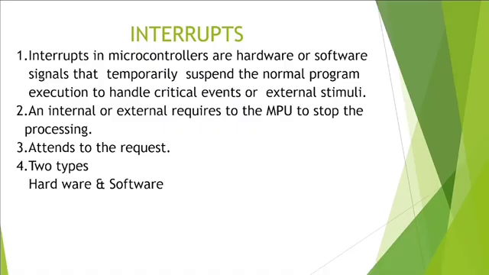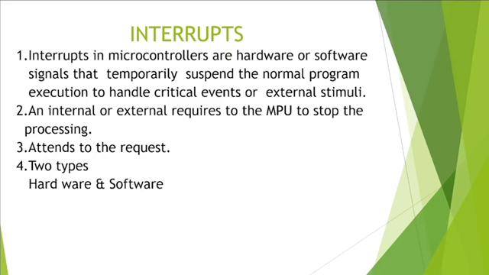Now coming on interrupt. Interrupts in a microcontroller are of two types: hardware interrupt and software interrupt. Interrupts are signals that temporarily suspend the normal program execution to handle a critical event or external stimuli.